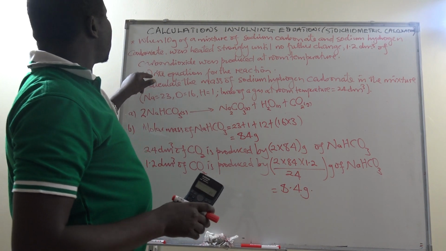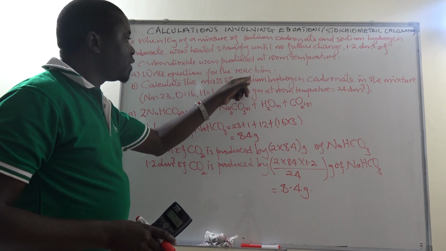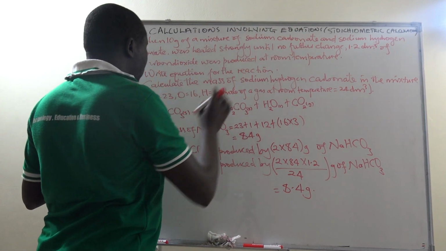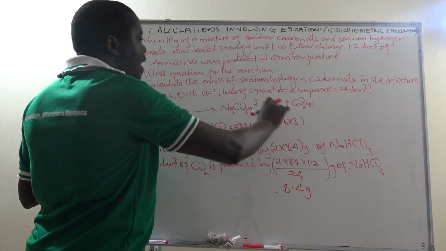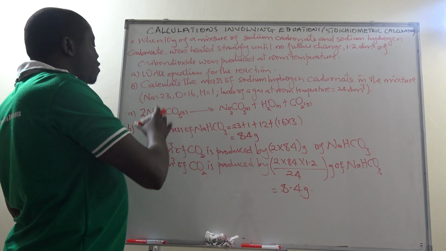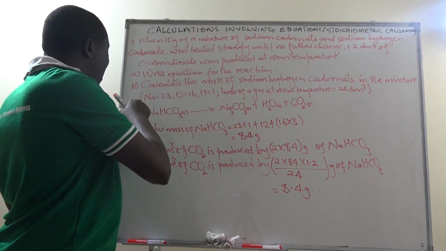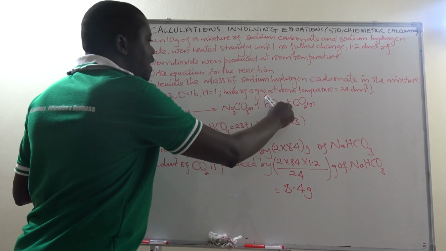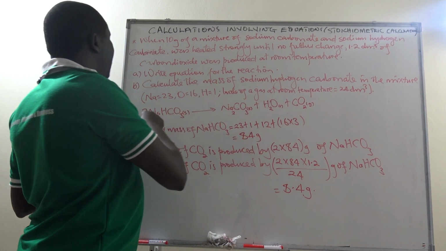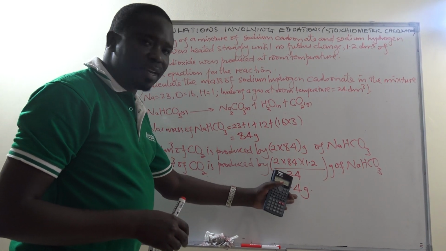Now, in case the equation was not asked for, still you are required to write the equation for the reaction, because this is part of the calculations involving equations. You write the equation for the reaction, identify the chemical species to use in the reaction, and then you also need to consider the stoichiometry of the reaction, that is the number of moles of each substance. So that either the mass or the volume of 1 mole you multiply by that number of moles, and you go on until you get the answer.